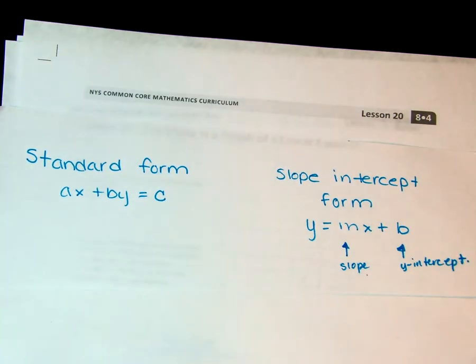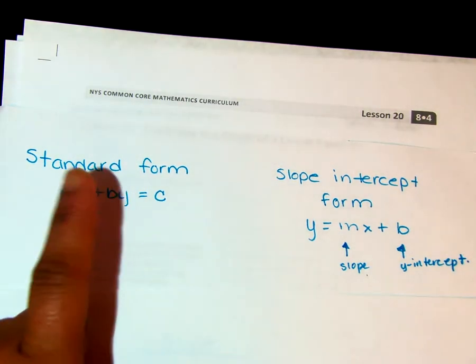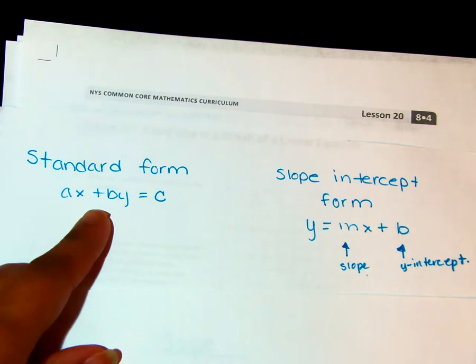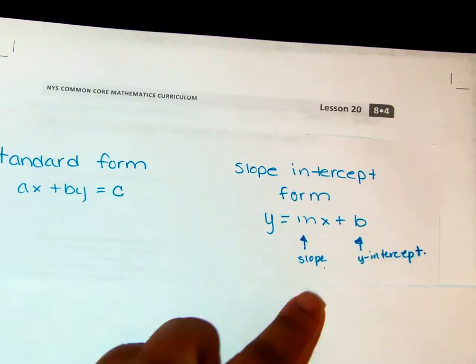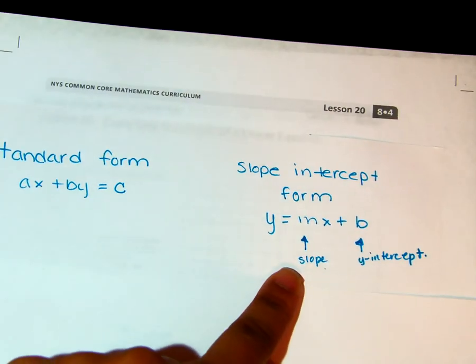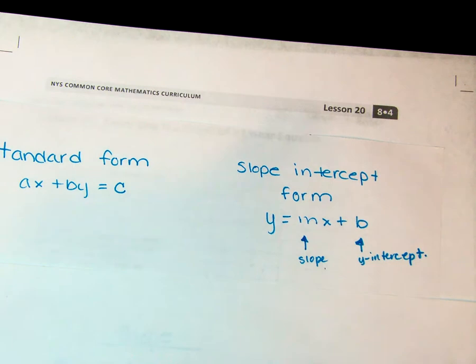Remember, in this equation, a, b, and c are all constants, they're all numbers. We then used properties of equality to isolate the variable y. We transform standard form equations into slope-intercept form because slope-intercept form is easier to graph. Remember that slope is m and y-intercept is b.